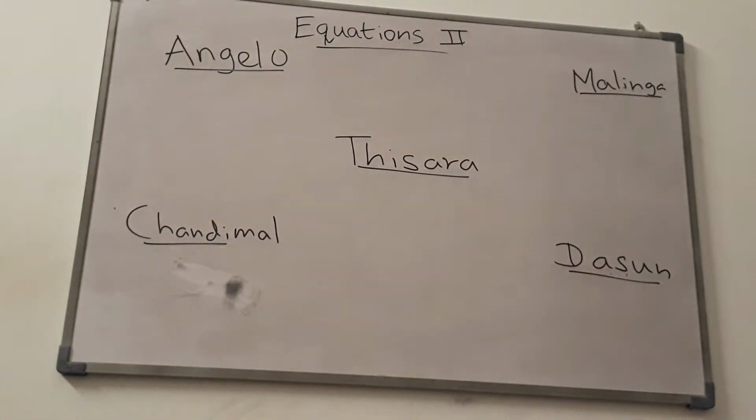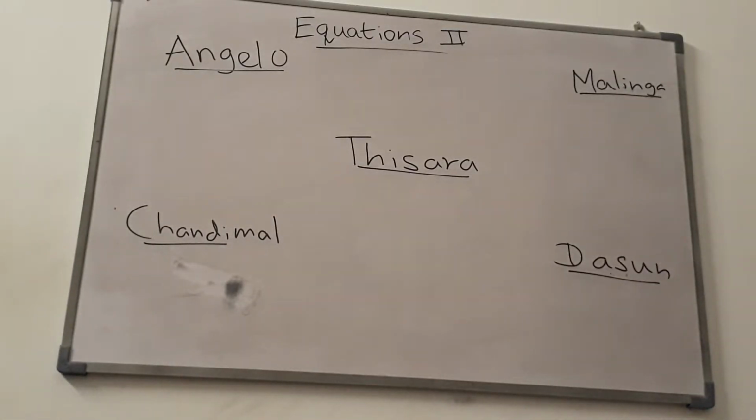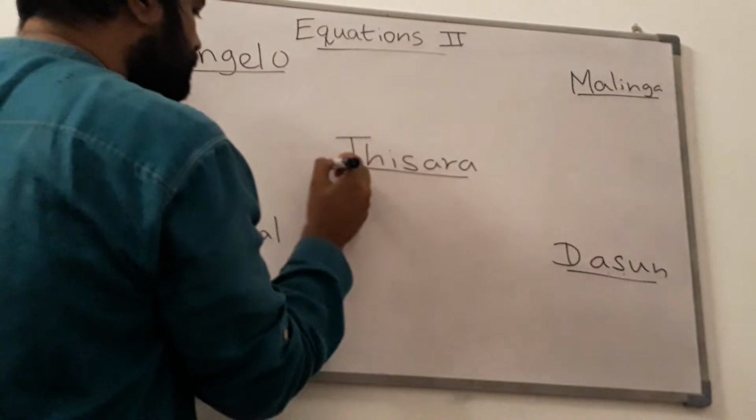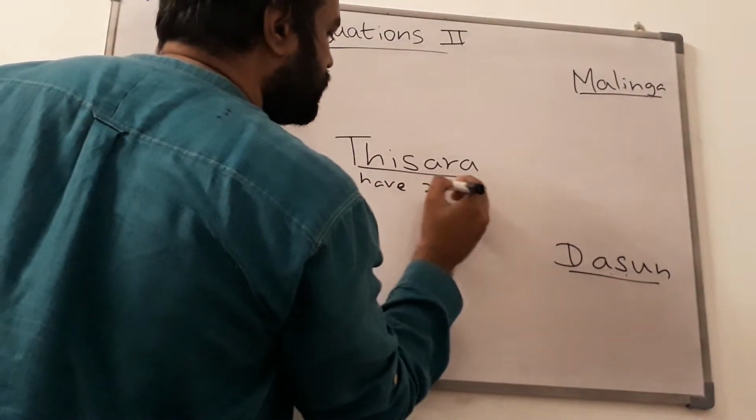Here under Tissara, what I'm going to write is, he says, I have 20 mangoes.